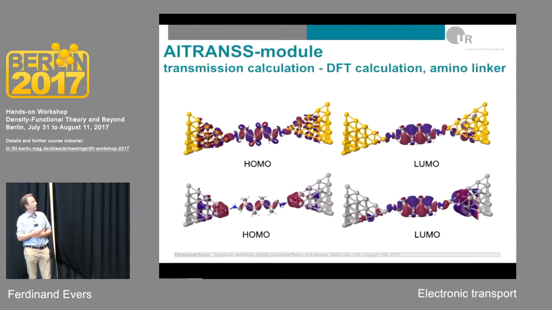And now what you can see already without straining your eyes too much is that this HOMO orbital hybridizes a bit better with the electrodes as compared to the same orbital when you use silver electrodes. And this a bit better hybridization is something that will be translated by the transport formalism into a transmission curve. Let me show you how this looks.